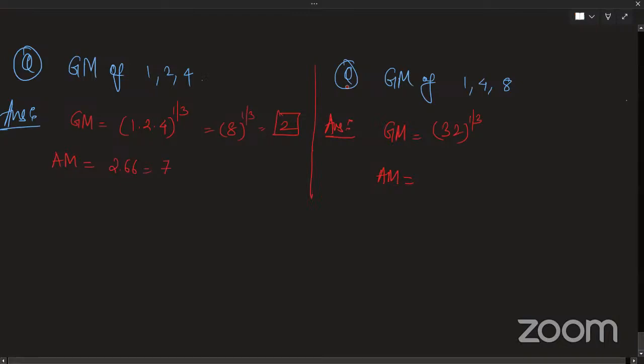Like it is 7 by 3, right? Yes, sir. And what about the next one? It is 13 by 3, 4.3. Yes, sir. 4.3. Fine, correct.